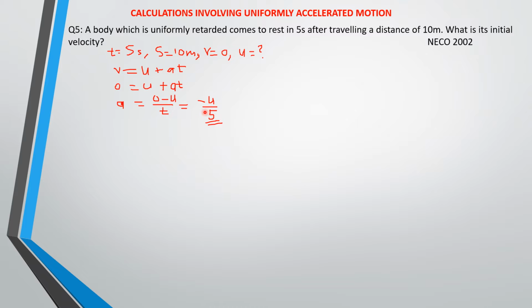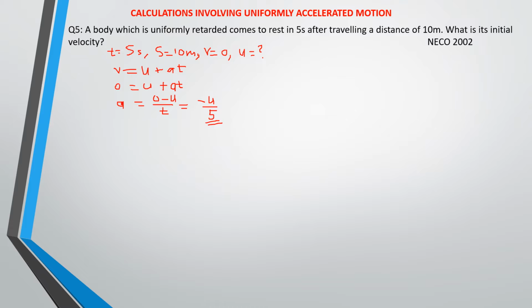Now, having known the retardation and the distance that is traveled, you can actually find your initial velocity, since you know that v is equal to 0 because the body came to rest. So the equation that you're going to use will now be the third equation of motion.